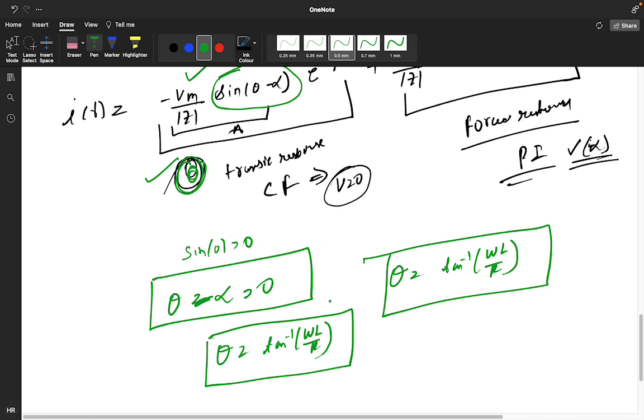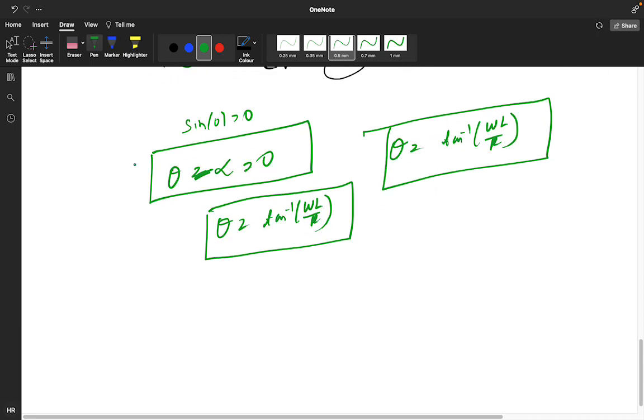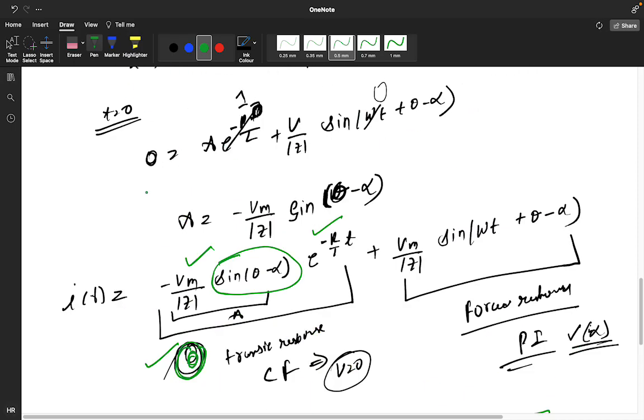Guys, is this clear? Prasanna, is this clear? Yes, sir. Okay, so this was the question for the sine function.